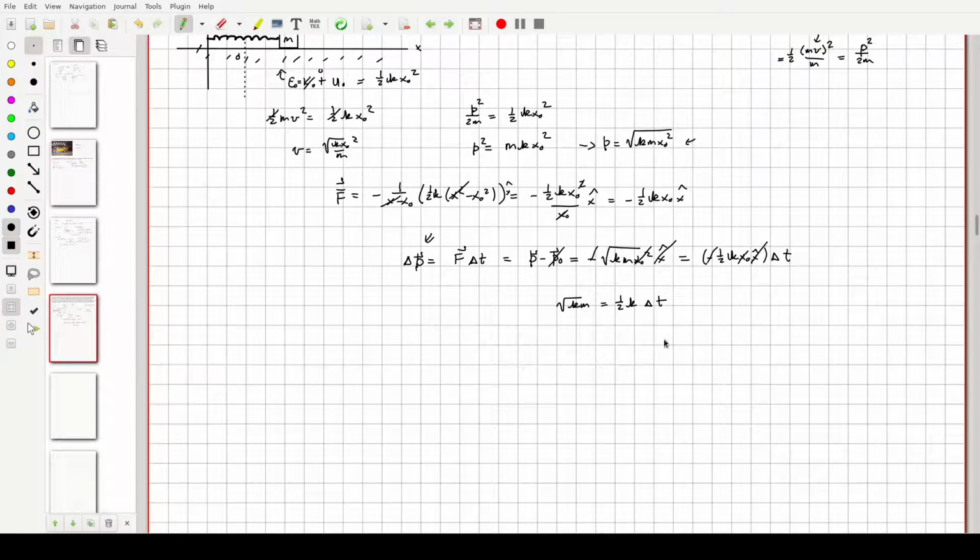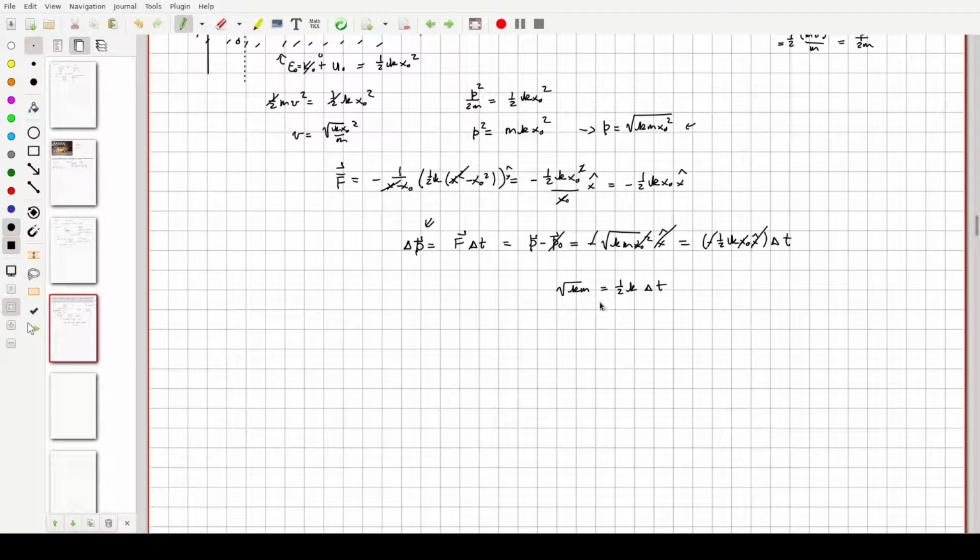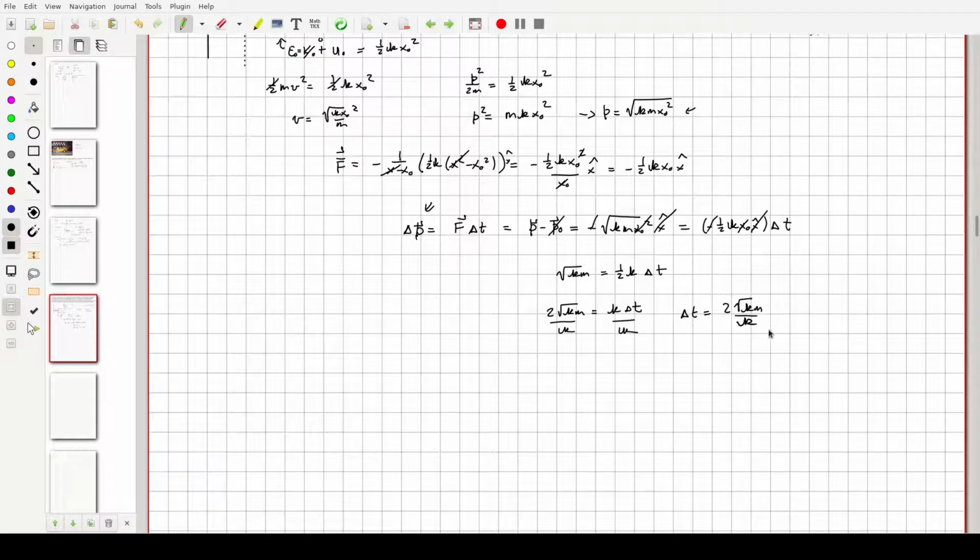Now, if I multiply through by 2, then I divide both sides through by k. I'm going to clean this up a little bit.